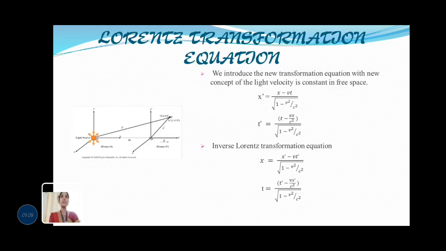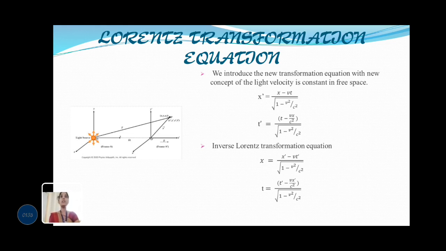Lorentz transformation equation. We introduce the new transformation equation with the new concept of light velocity being constant in free space. Consider two observers O and O dash in frames of reference S and S dash. The system S dash is moving with a velocity v relative to the system S along the x direction.